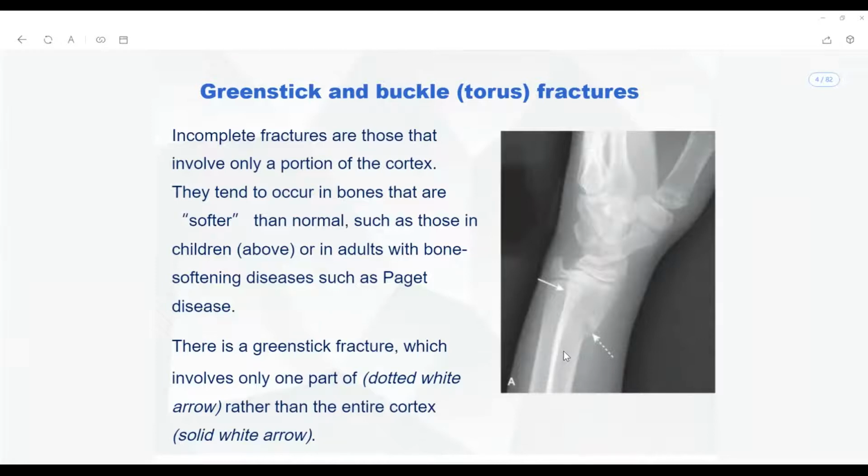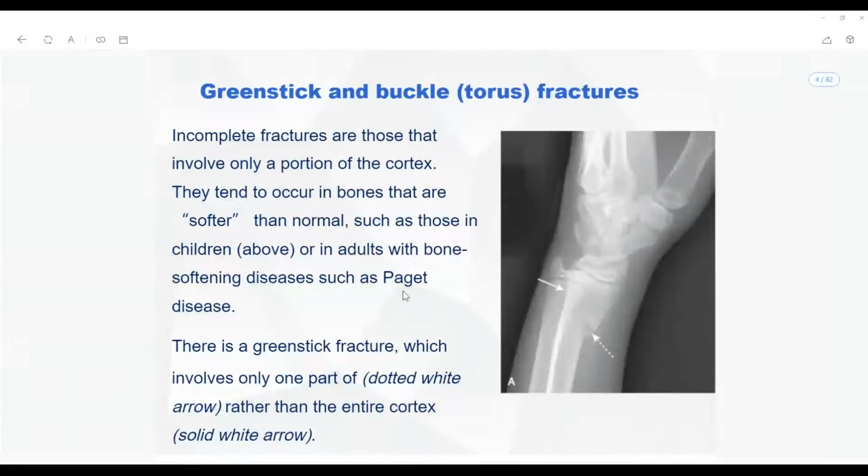It will break on only one side, but the other side remains intact and stays connected to the tree. That is why you call it a greenstick fracture. That is how the same dynamic happens in bones.